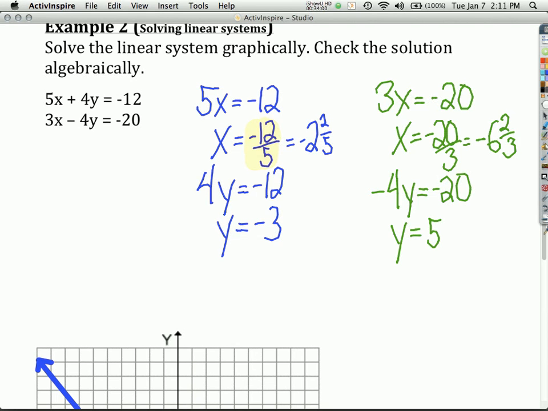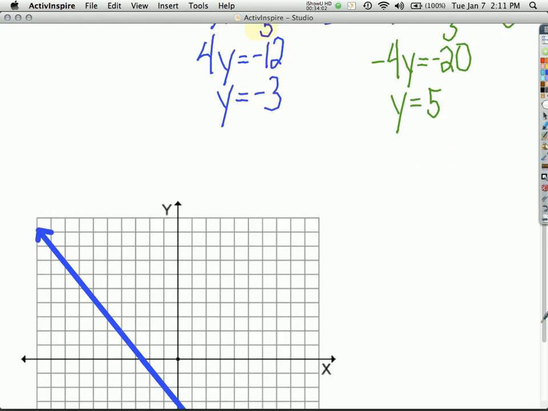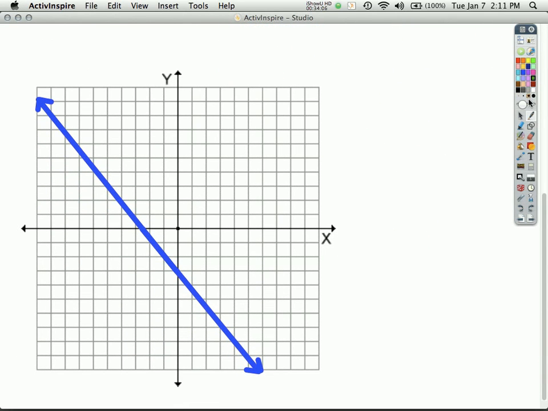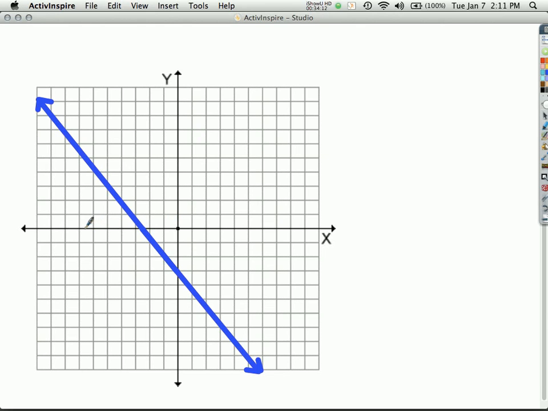So now we're going to graph these two numbers. The x-intercept, negative 6 and 2 thirds. So negative 1, 2, 3, 4, 5, 6, and 2 thirds is going to be somewhere around right there. And then the y-intercept was 5. 1, 2, 3, 4, 5, right there.